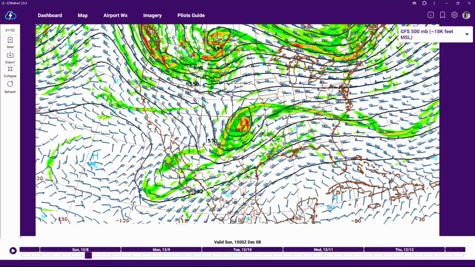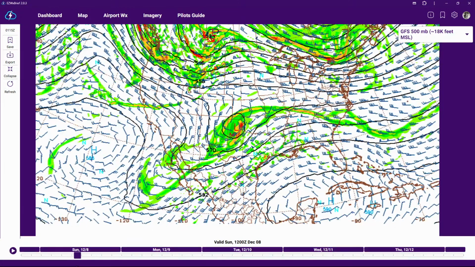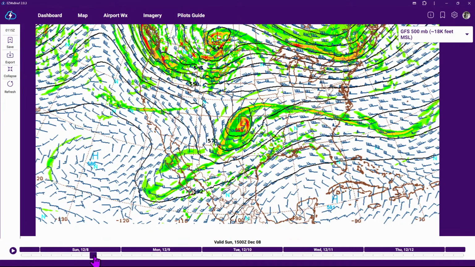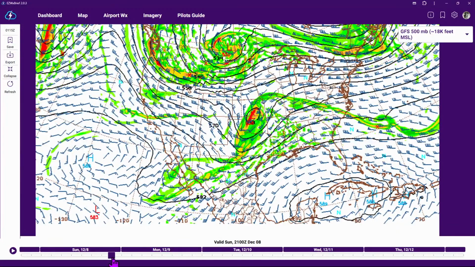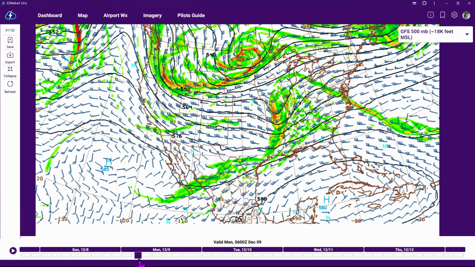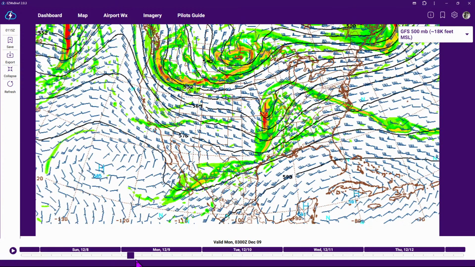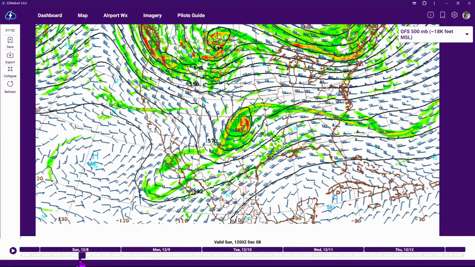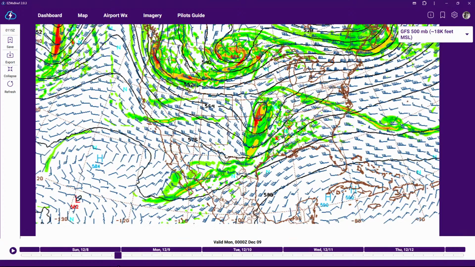There is a period of time where it becomes a closed low, which is very common out of the southern Rockies, and ultimately it turns into an open wave, a trough moving through with a significant V-shape to it. So it's got some potency. It is in the process of intensifying over the next couple of days before it dissipates.